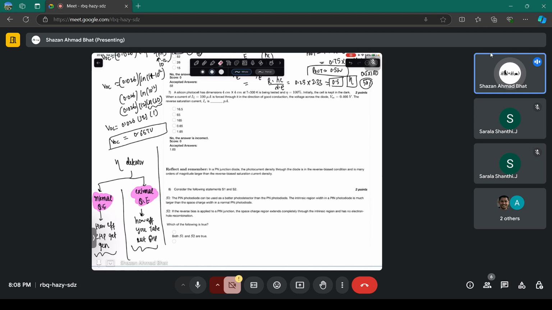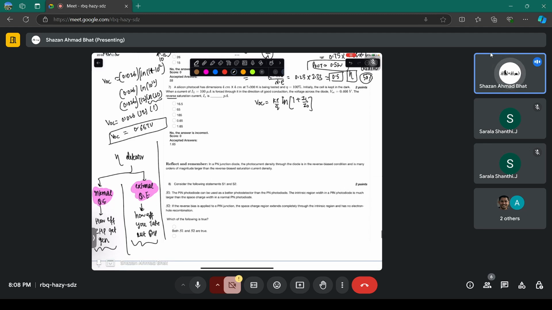The voltage across the diode is the open circuit voltage. The reverse saturation current you need to evaluate. Again, that particular equation will come to the rescue. If the open circuit voltage is equal to kT by q times ln of 1 plus the light current divided by reverse saturation current, then what you need to find is the reverse saturation current.